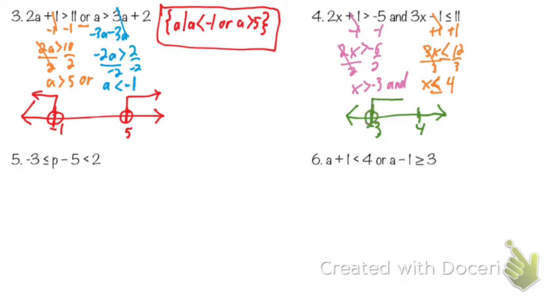Now, just like I did with my previous AND graph, I'm going to wait to draw the arrow. For my x is less than or equal to 4, I'm going to have a closed circle here, and it's going to go to the left. And we'll end up seeing we actually don't need an arrow because the numbers over here are not part of the solution, and the numbers over here are not part of the solution, because for AND, we just want the overlap, which is going to exist right in between here, as well as positive 4, since it has a closed circle.